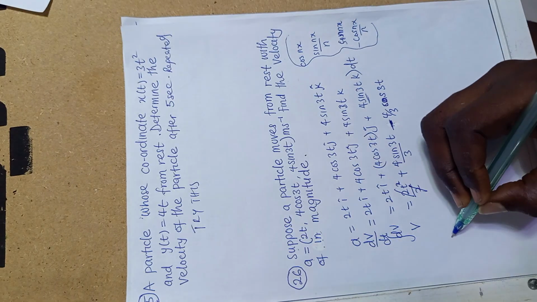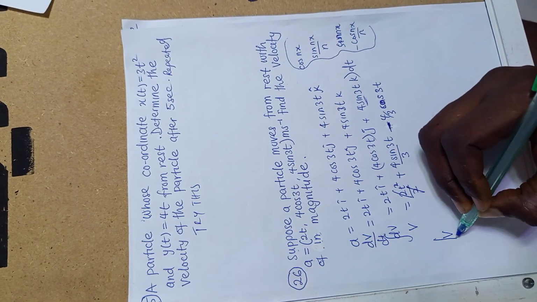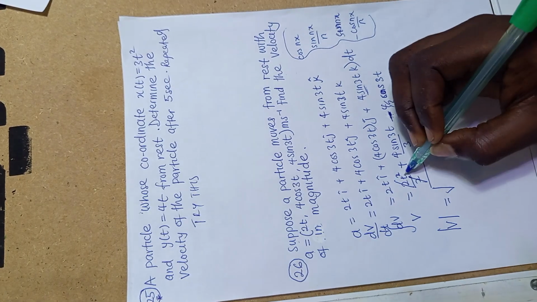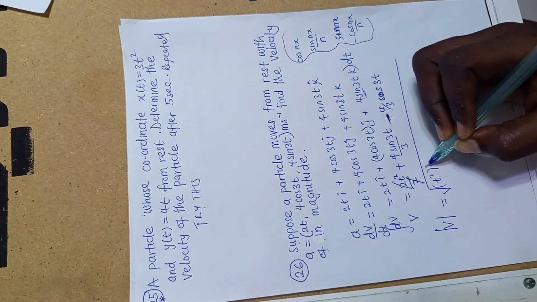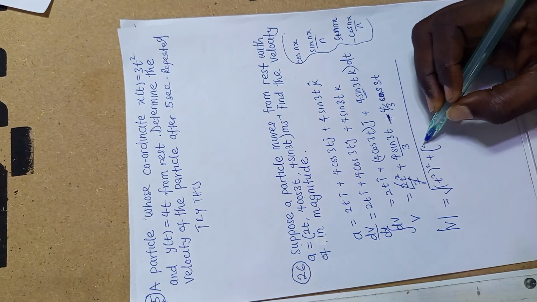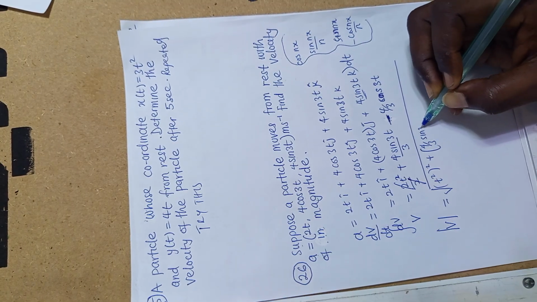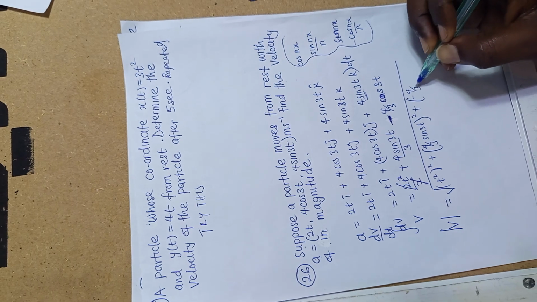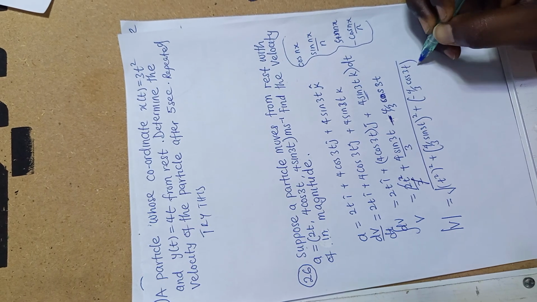So to find the magnitude now, we have t square all square plus 4/3 sin 3t all square plus 4/3 cos 3t all square.